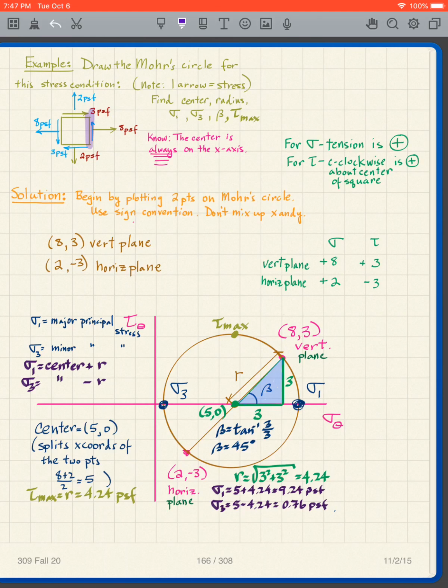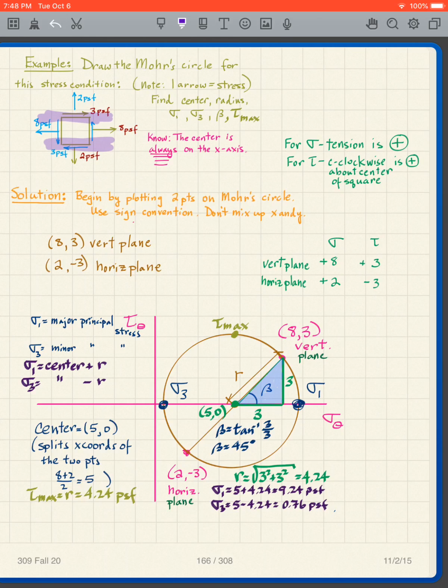Notice this is a vertical plane. This is a vertical plane. This is where people get messed up. I know you know what a vertical plane is, but strangely enough, people mess this up. When they start looking at this, they get confused. But just think back. That's a vertical plane. You know that this is a horizontal plane.